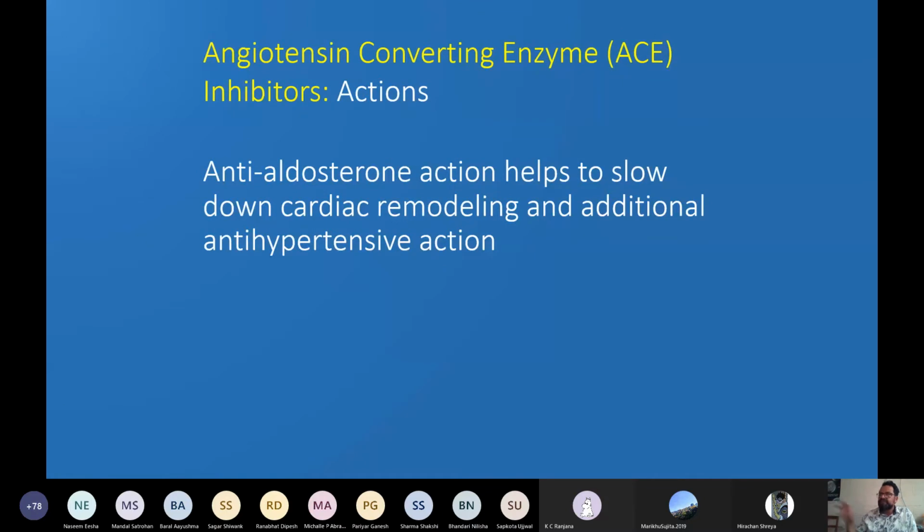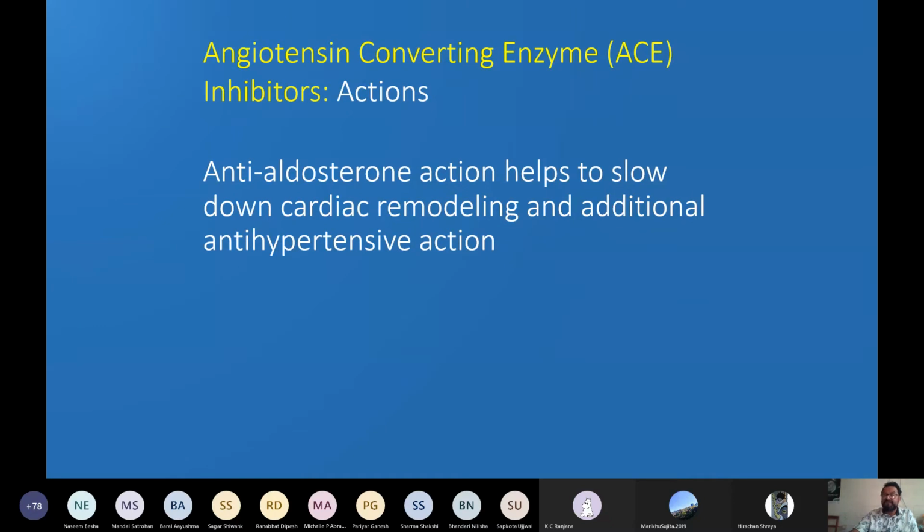Because they work harder, they will increase in size. Okay, hypertrophied. So aldosterone is one of the deciding factors that will create the matrix inside the cells, so that they will become bigger. That can be slowed down, or you can slow down the process of remodeling by the use of angiotensin converting enzyme inhibitors.